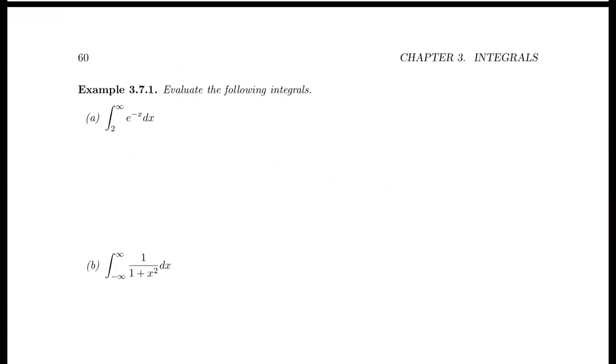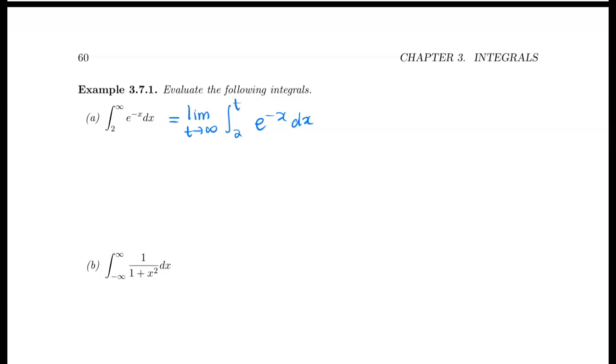Remember, we say that the integral converges or exists if the value of the limit is finite. So we say that the limit as t approaches infinity of the integral from 2 to t of e to the power negative x dx. This should actually be t here.